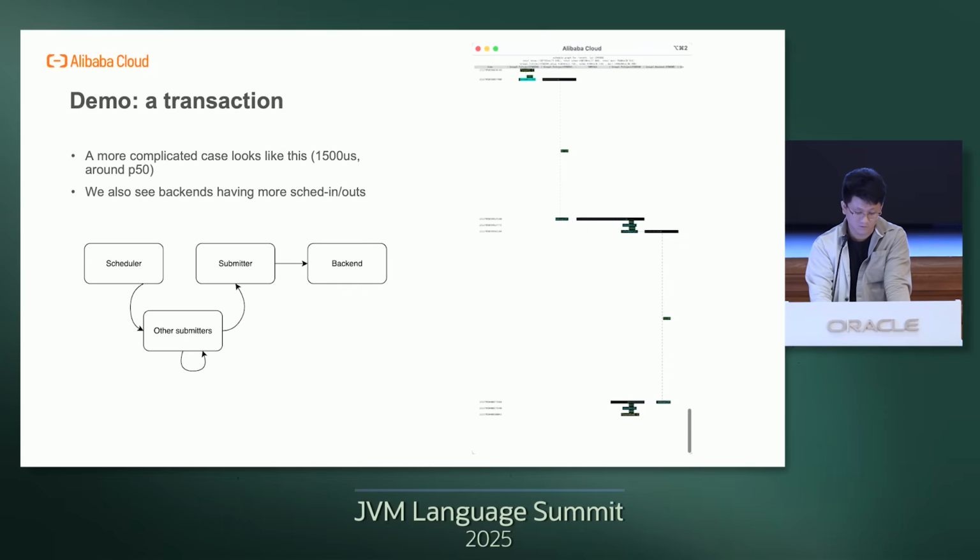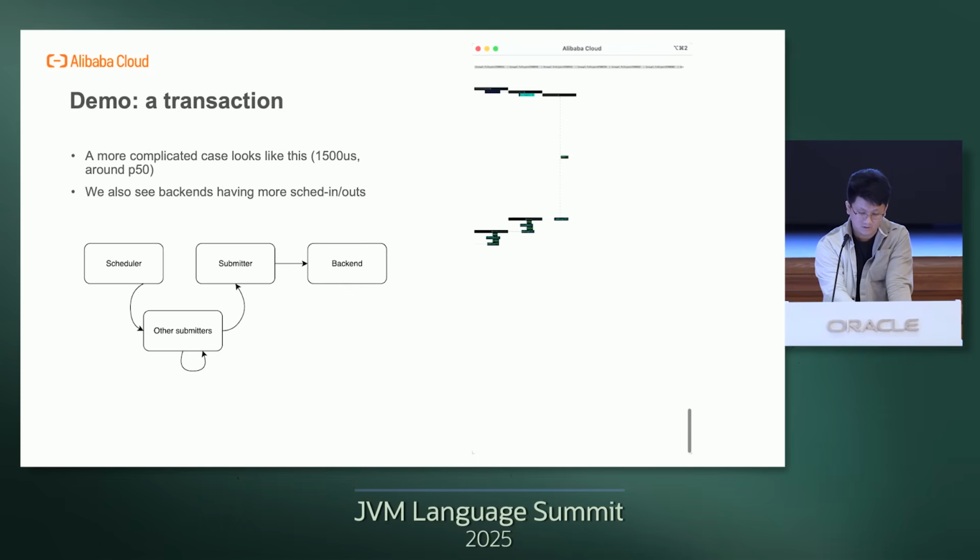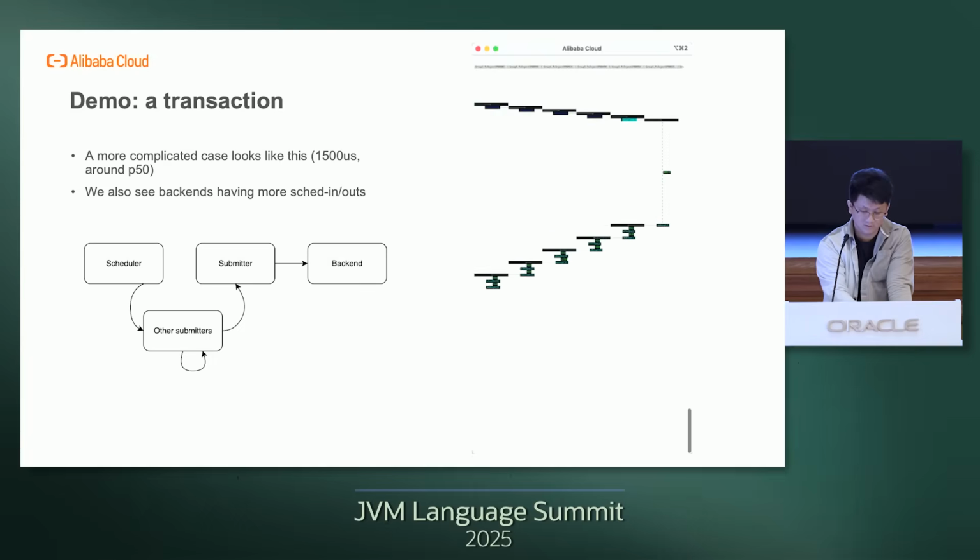And actually, I have a longer one here, and you can see a shape like this. And this one is taking 1500 microseconds, and by the way, it's around the P50 of the degradation run, and it's consisting of many threads in the middle, and they are forming a sort of a wake-up chain.